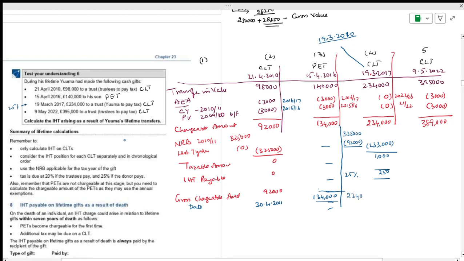Now, what is the gross amount? 234 plus 250. Before it was net. 234 is the net amount, right?